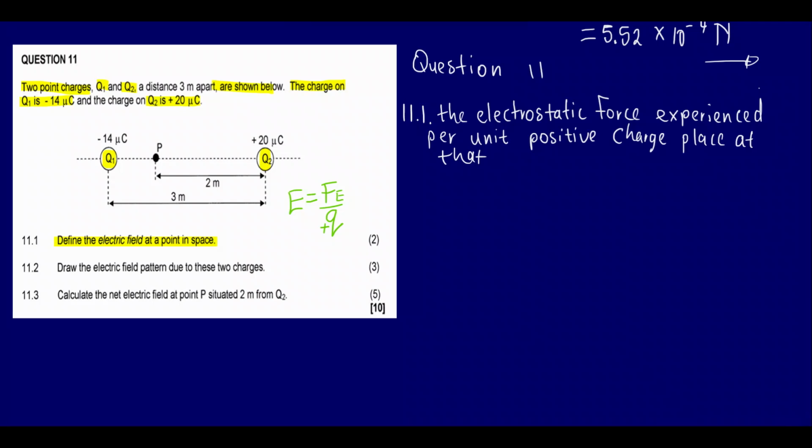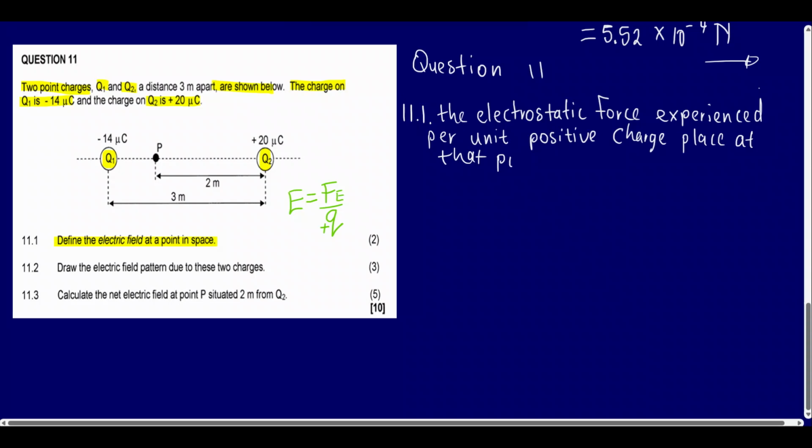So that is electric field at a point. It's the electrostatic force experienced per unit positive charge placed at that point.